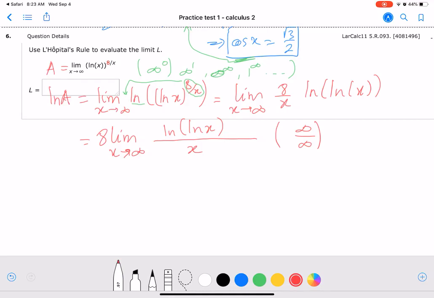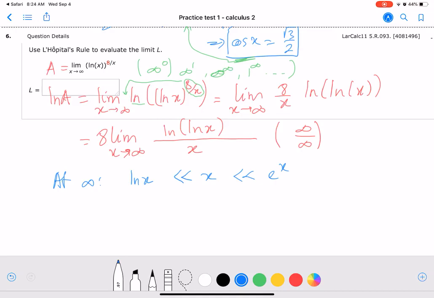But since we already learned about comparison, right, between ln, let me write that, ln of x is very small if you compare with the x at infinity, and x is very small if you compare with e to the x. So based on this comparison, you can make a conclusion.